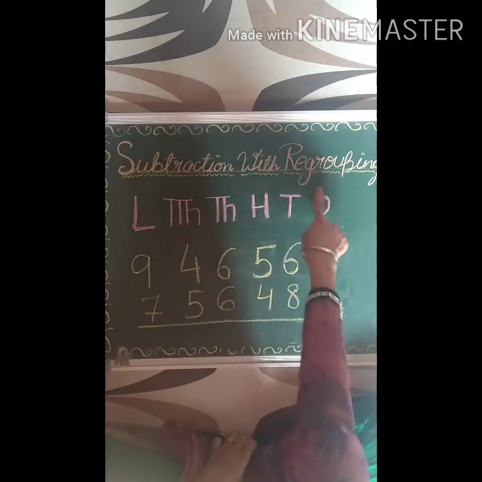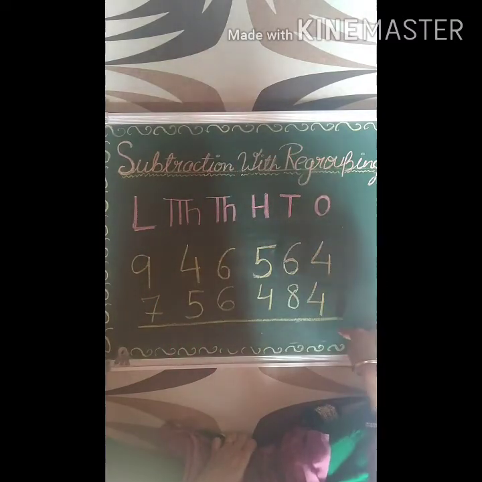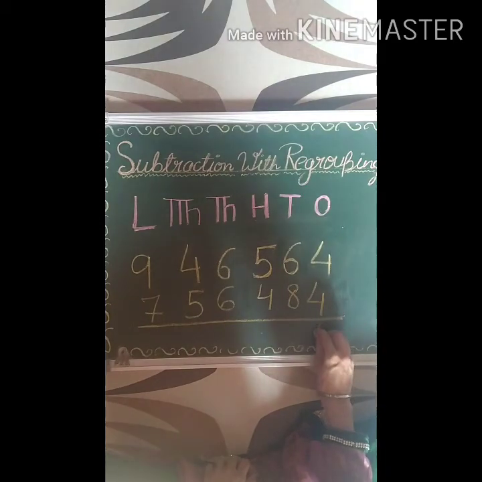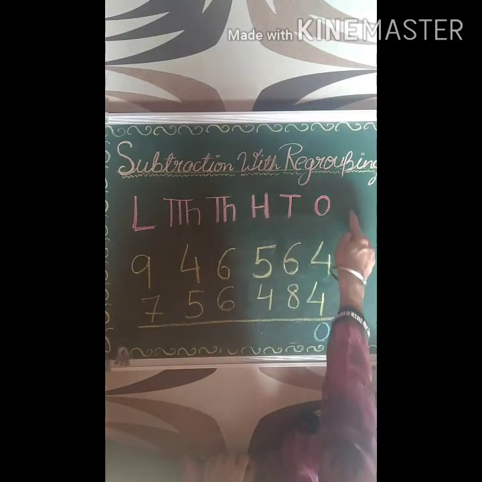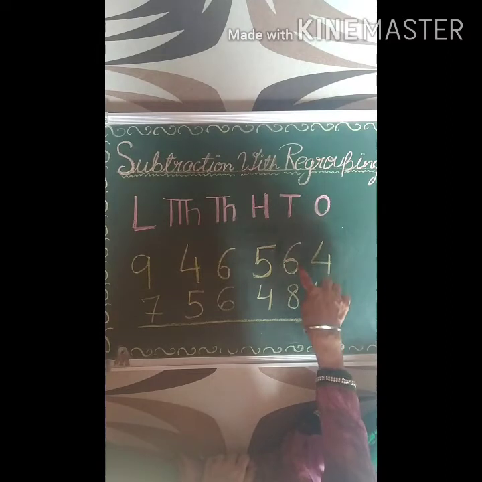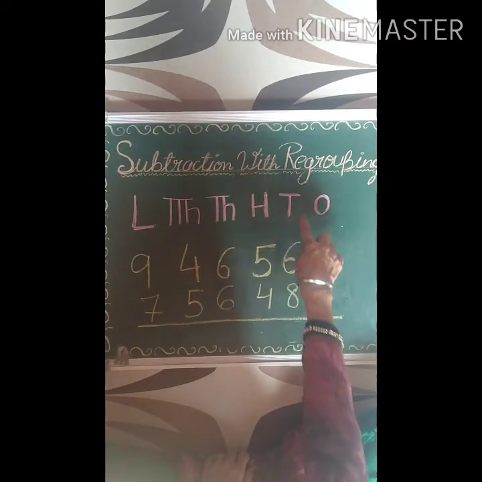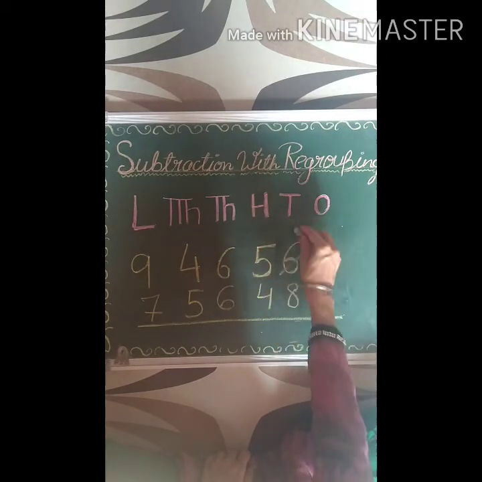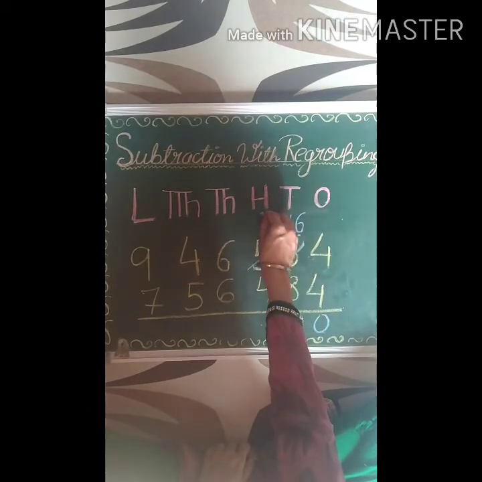Start subtraction from ones place, that is 4 minus 4 is equal to 0. Moving to the left side at tens place, 6 minus 8, it's not possible. So we borrow 1 from the left side, 100 friend. Now at tens place we are having 16 and at 100 place we are having 4.